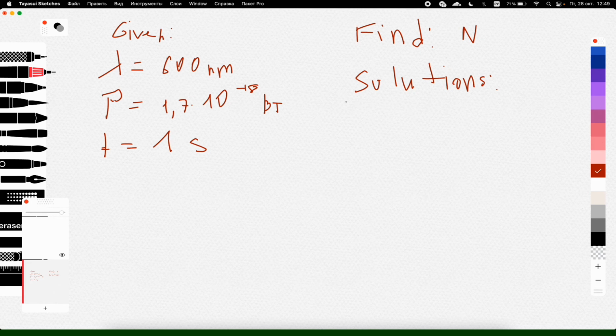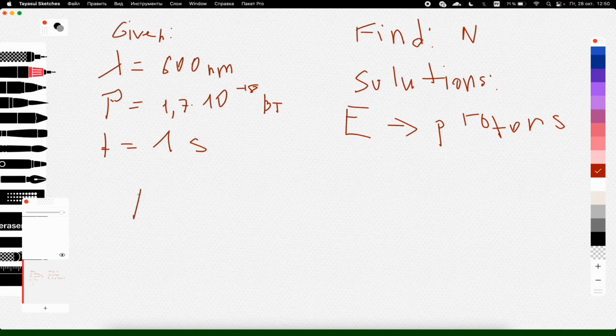How is this calculated? It can be seen that the threshold sensitivity of the eye is expressed in units of power. In this case, the power is the total energy of all photons which fall on the retina per unit of time. So it's fair to write: E is the energy of photons and P is power.